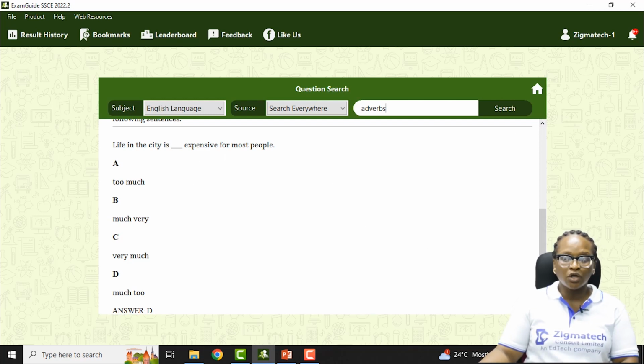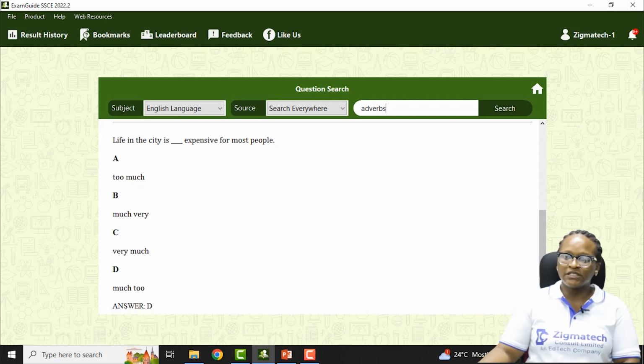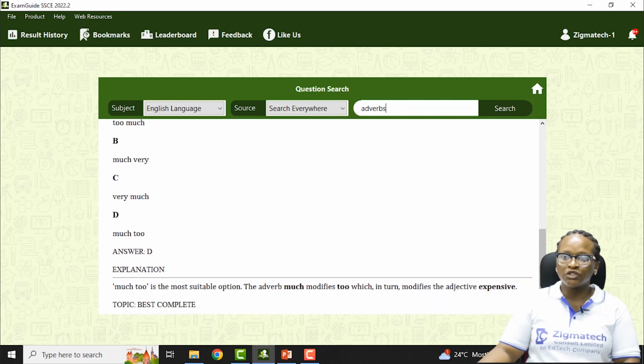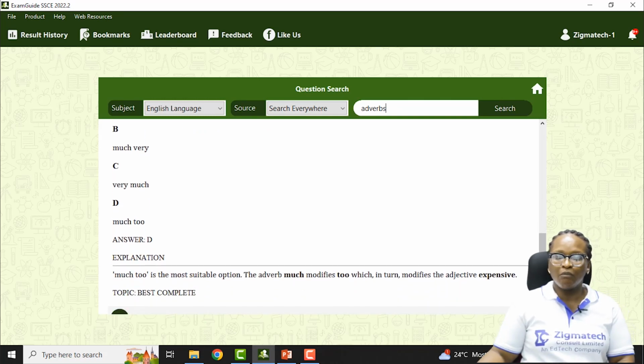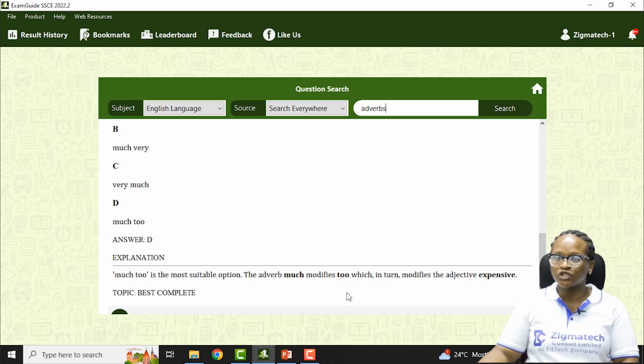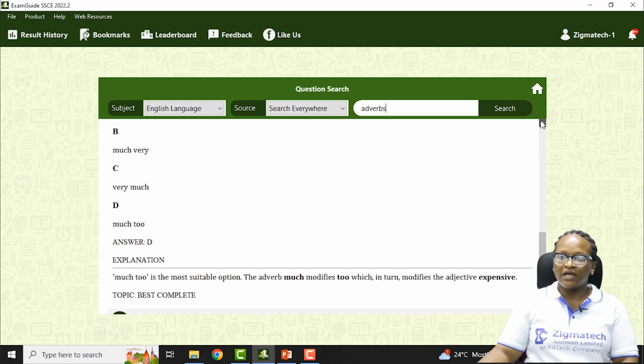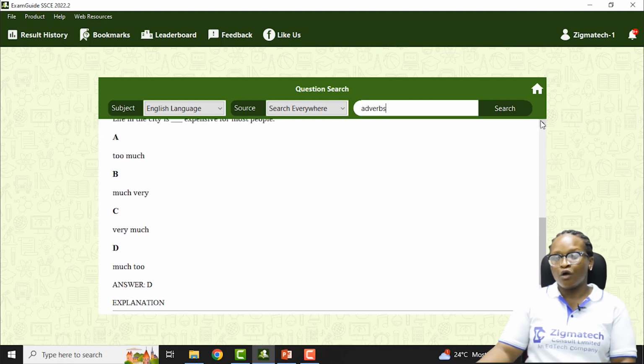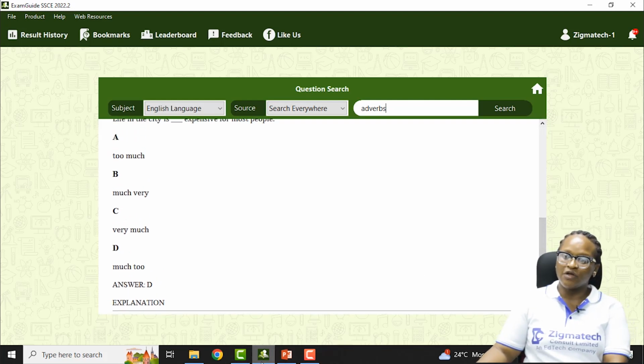No, it's much too expensive, because too is the adverb that describes the adjective expensive. Much is the modifier. So much too is the most suitable option. The adverb much modifies too, which in turn modifies the adjective expensive. All right, that will be all for now.